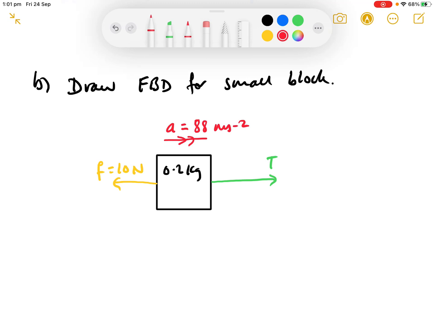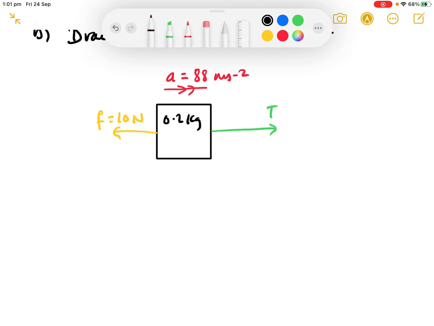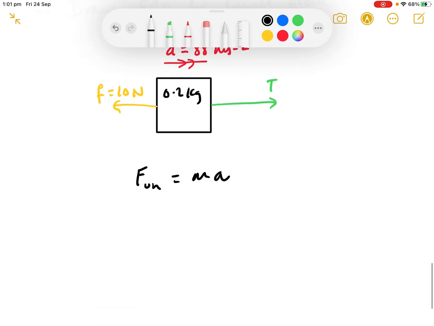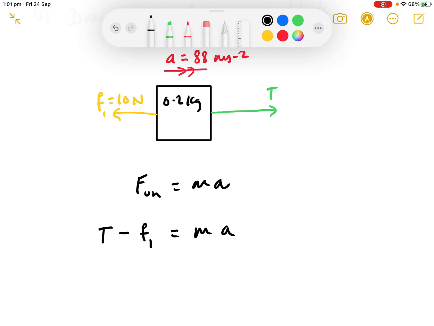So this problem has boiled down to a single body with two forces on it, with a known acceleration, and one of the forces is unknown. So as always, we apply Newton's second law. Now you could do a separate calculation for unbalanced stage 1, stage 2 again, but sometimes with these simple ones it's easy just to insert it into this equation, and by that I mean we can say that the tension to the right, take away the small friction, that's actually F1 to the left equals ma.